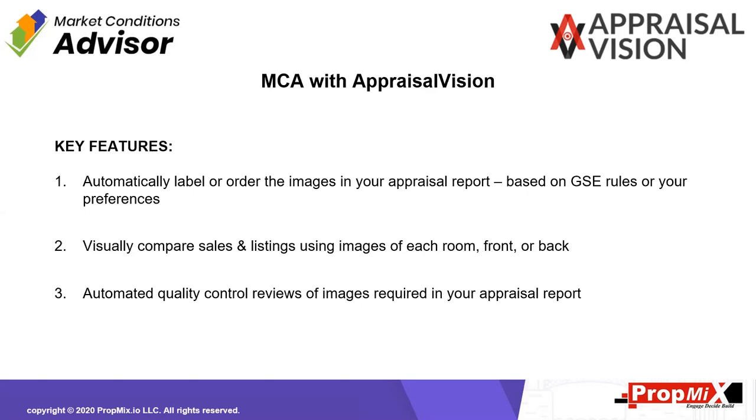And if the property was previously listed, you could actually look at the listings side by side for that same property. And we also offer a solution that will provide a QC review capability, and we'll get into that as well as we move along.